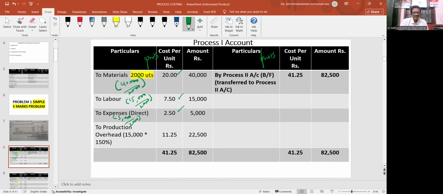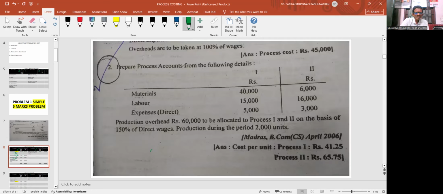Coming to the production overhead, 60,000 is to be allocated to process 1 and process 2 on the basis of 150% of direct wages. Direct wages means, in this problem, material is the first information, labor is the second, and direct expenses the third.